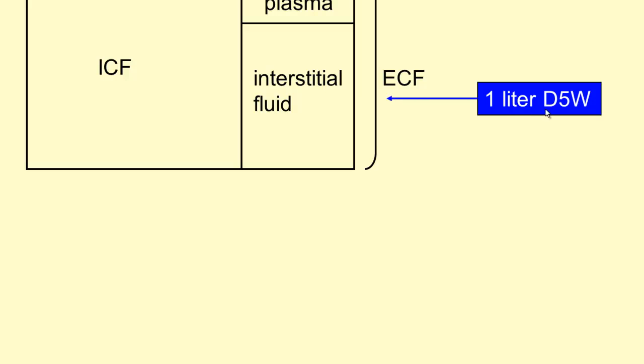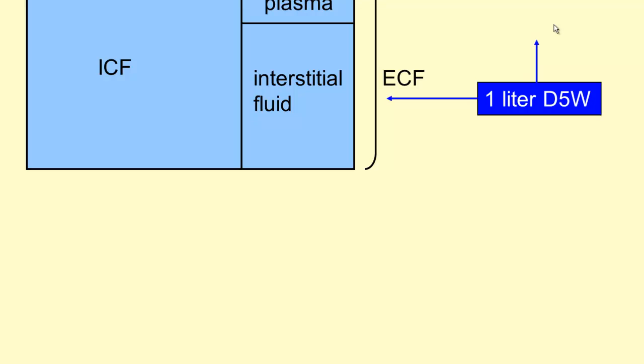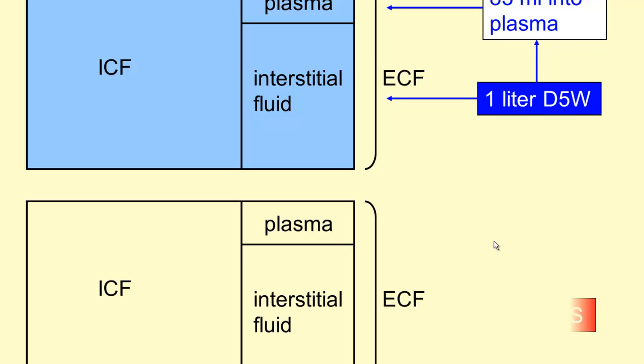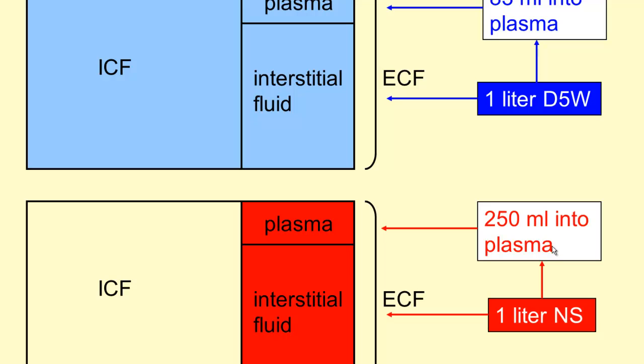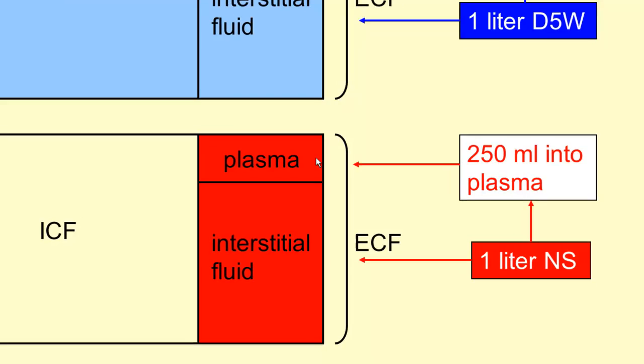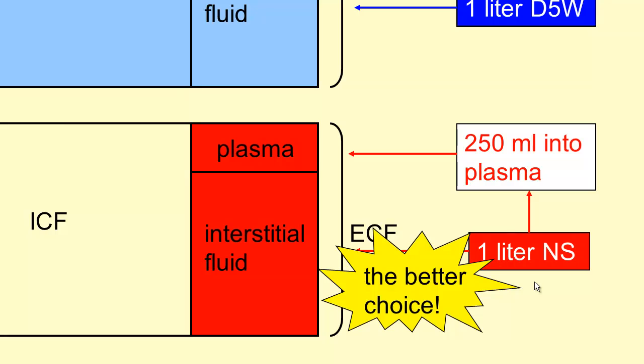You then show that if you give a liter of D5 water, it distributes into all the body compartments, meaning that only 83 mLs actually ends up in the plasma or intravascular space. In the second example, giving a liter of normal saline, it only goes into the extracellular fluid, and 250 mLs, or 25% of what you give, ends up in the vascular space. So this is the same way to make the points off of the previous table and just use a little animation and pictures to do so.